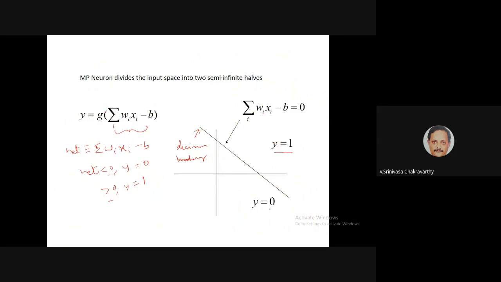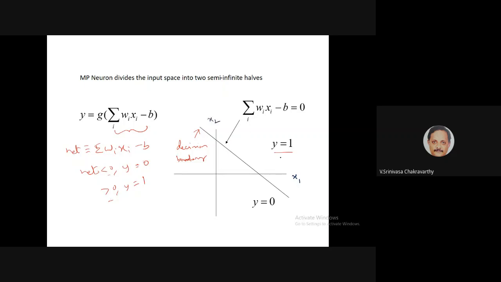Now, what does a perceptron do? Like I said, if you take a single neuron, it classifies the input into two classes. And how does it do that? Let us see this. As you can see, if the argument here is positive, y is 1, otherwise y is 0. So that means for every point in the x1 and x2 plane, y can be 1 or 0.